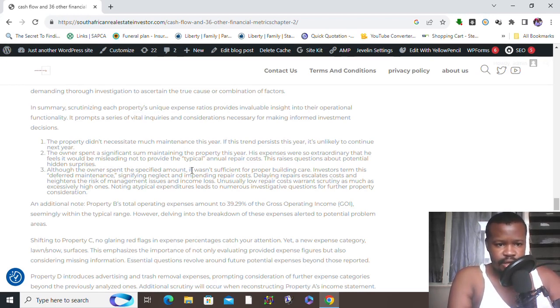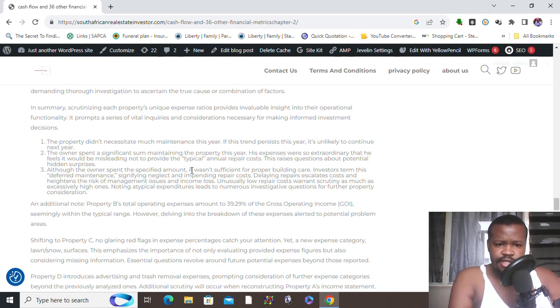Investors term this deferred maintenance, signifying negligence and delaying repair costs, which escalates costs and heightens the risk of management issues and income losses. Unusually low repair costs warrant scrutiny as much as excessive ones.